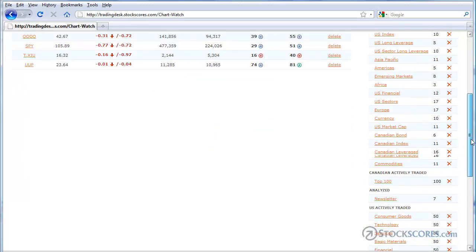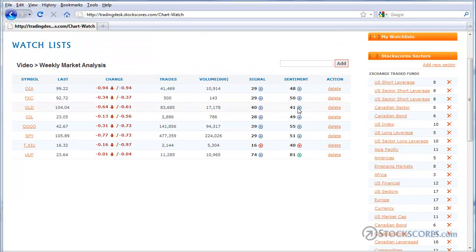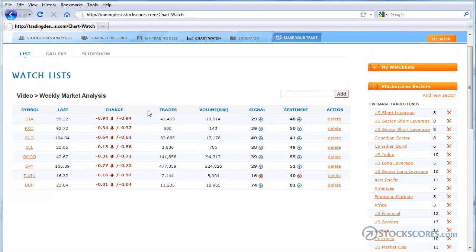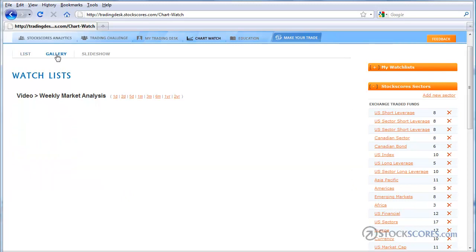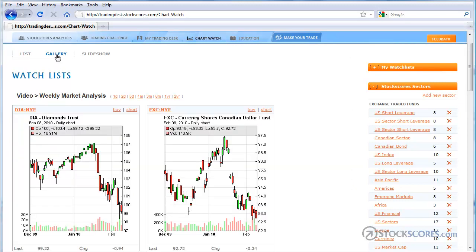Now, by clicking on that, I'm going to activate a list of the charts that we're going to look at tonight. In this particular case, we see here a table, and you can see that most of the major indexes and commodities that I follow in the weekly market analysis were all down today. But what we actually want to do is look at the charts. So click on Gallery, and that will bring up thumbnail-sized charts for each of the indices that we follow in the weekly market analysis.